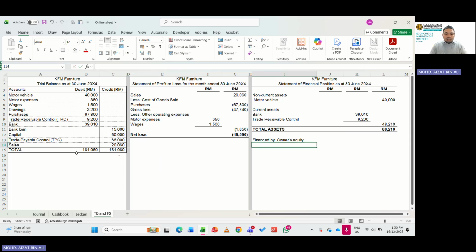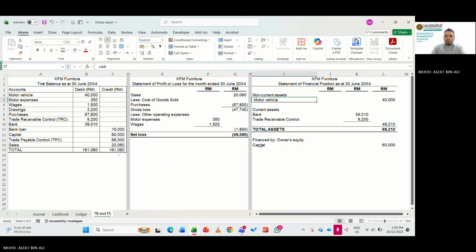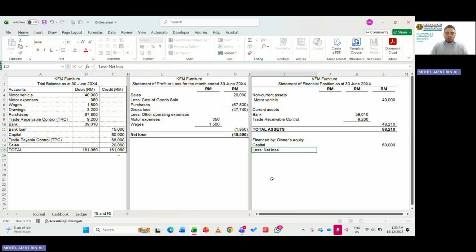Okay, for the owner's equity, firstly, we have our capital. Okay, don't forget our capital. Okay, the capital is 60,000 ringgit. Look at here. Okay, 60,000 ringgit. Sorry, sometimes I use relative referencing like this. Sometimes I type it. I hope that doesn't bother you. Okay. Yeah, because sometimes less net loss.